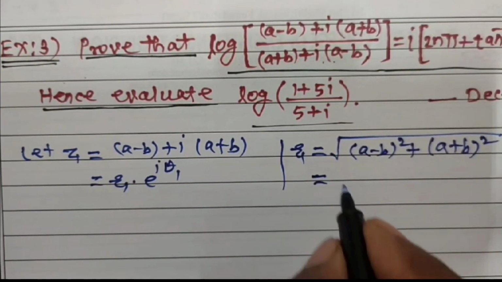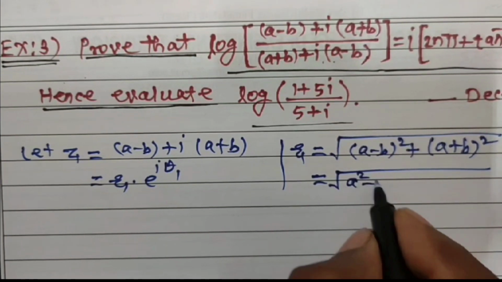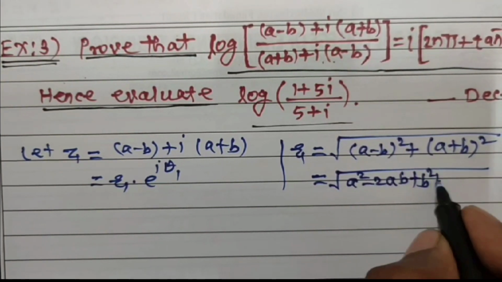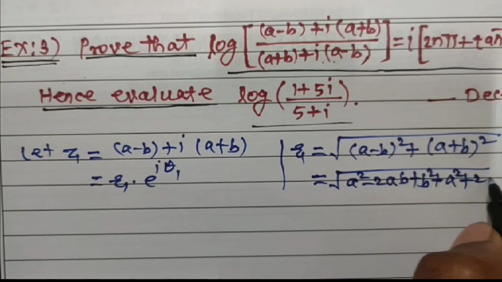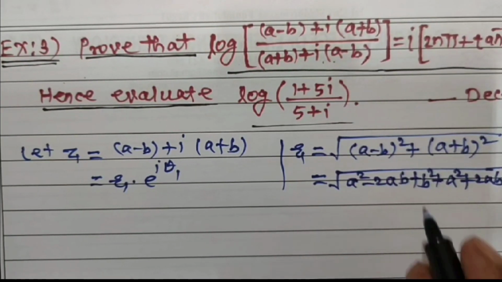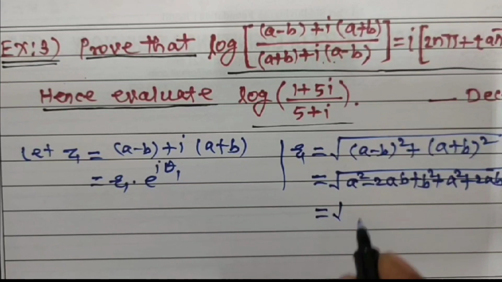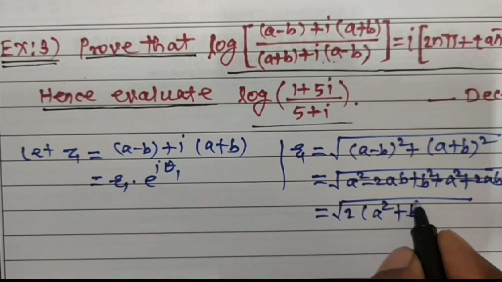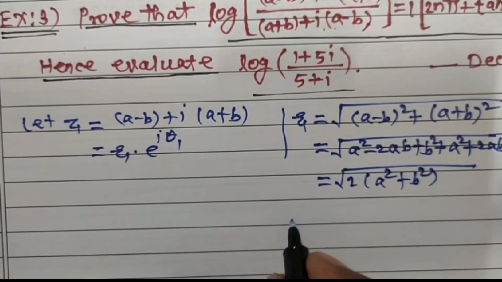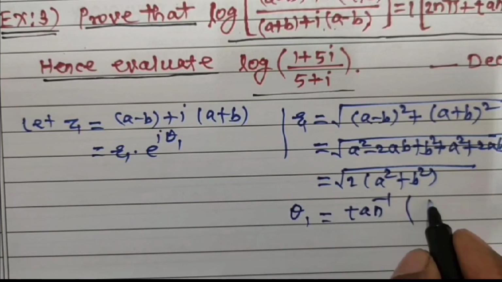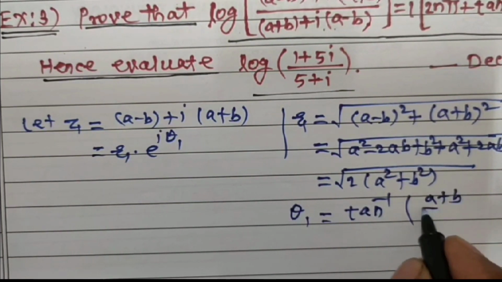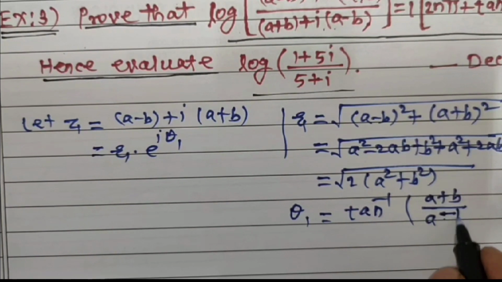This is equal to square root of a square minus 2ab plus b square plus a square plus 2ab plus b square. After simplification, minus 2ab plus 2ab gets cancelled. This is equal to square root of 2 times a square plus b square. This is R1. Theta 1 is equal to tan inverse of imaginary part divided by real part, a plus b divided by a minus b.